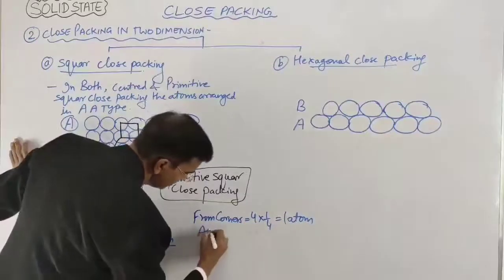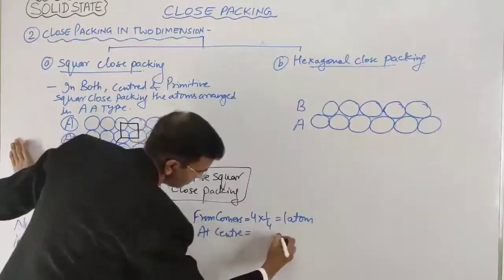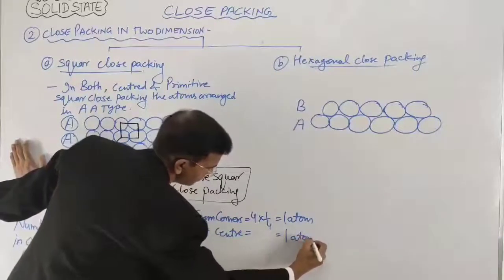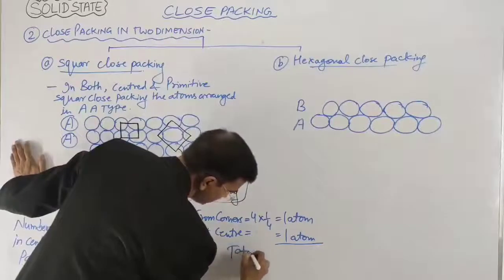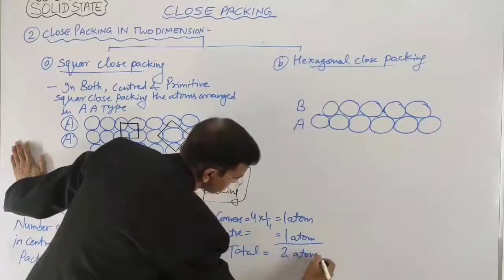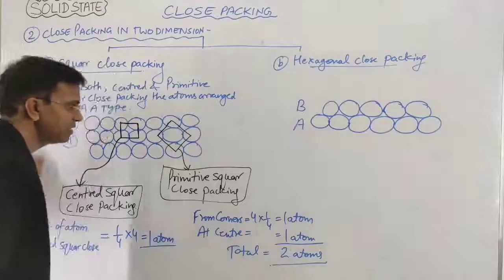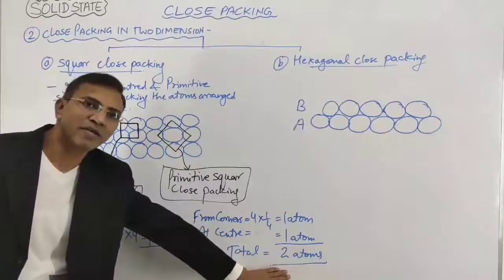So at center 1 atom. So total 2 atoms. So that means to form the primitive square close packing, 2 atoms have been used.